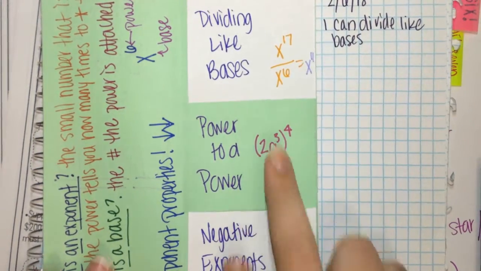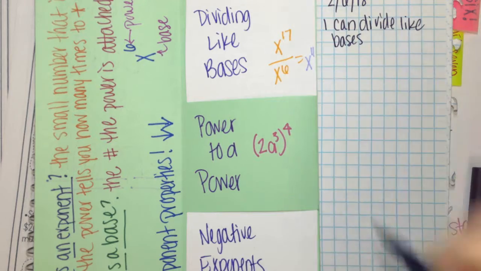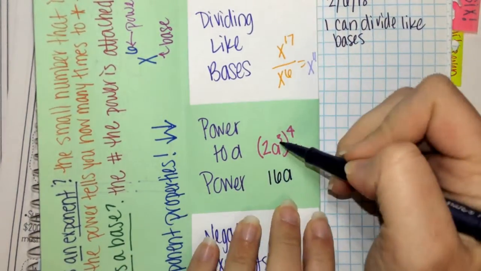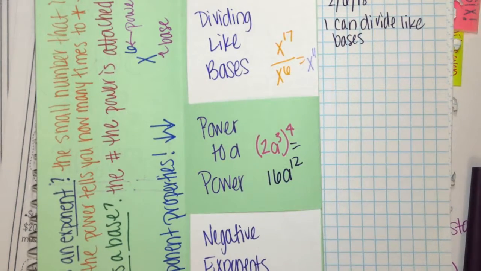So you're going to do 2 to the 4th power. What's 2 times 2? Times 2. Times 2. 16. So this is going to equal 16. A to the, and you just do 3 times 4, which is 12. Magic.